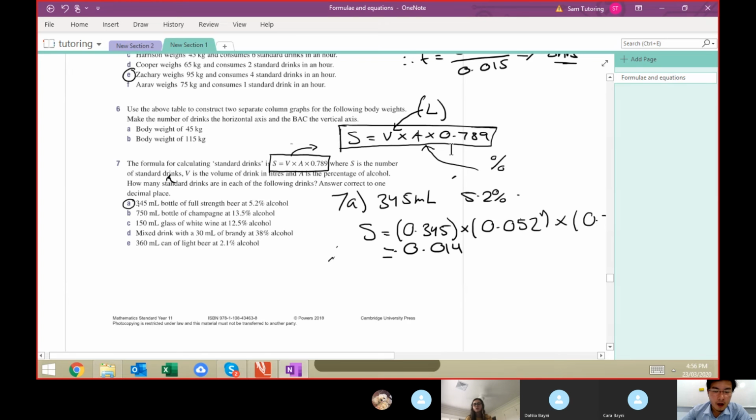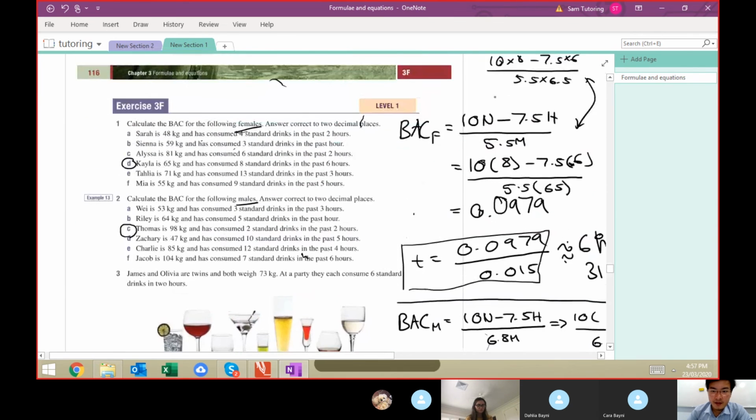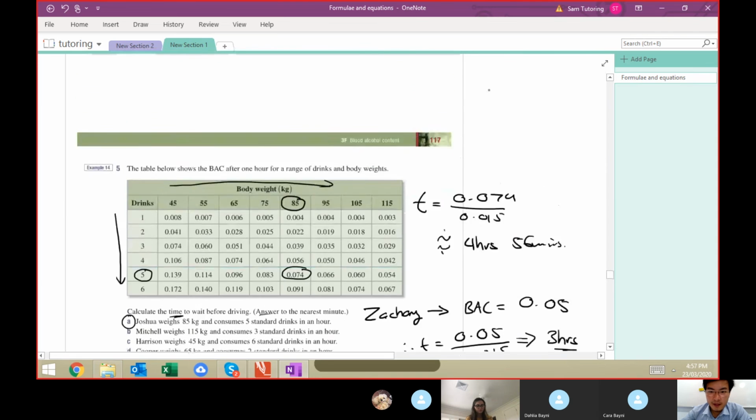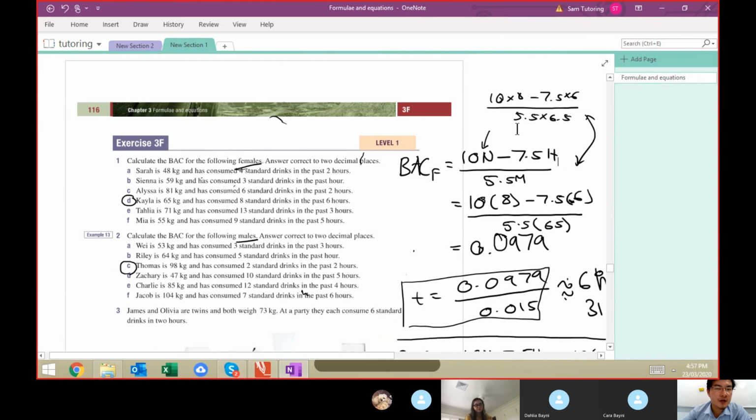I'll tell you how this question will link to BAC, because in BAC, the N here tells you standard drinks. But standard drinks assumes that every drink is the same. We're going on the assumption that if you go to a party, everyone will have the same drink.